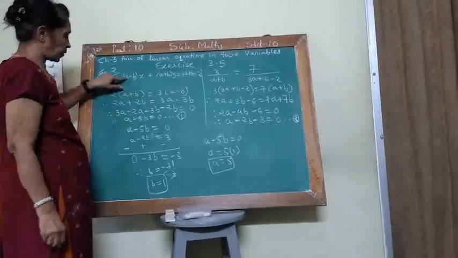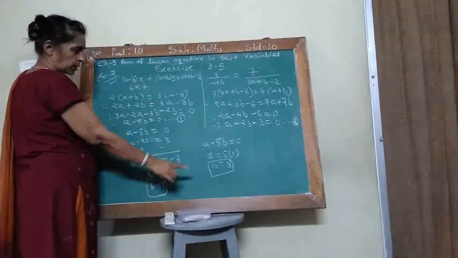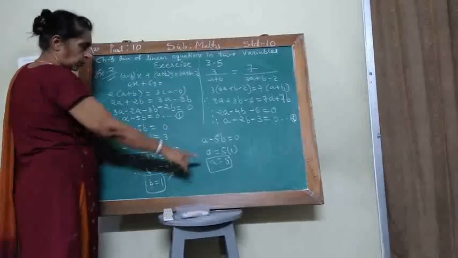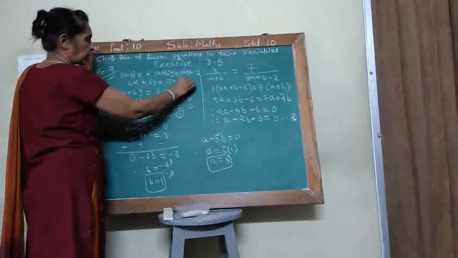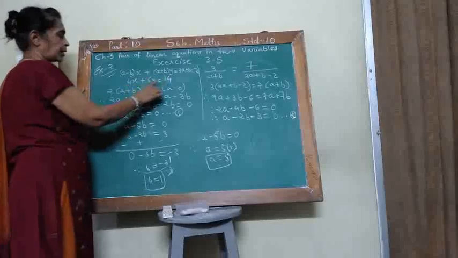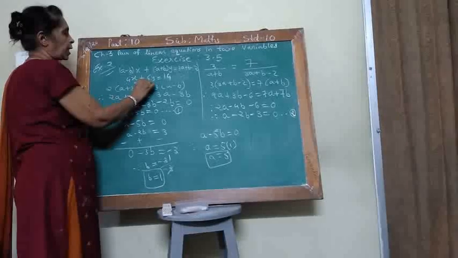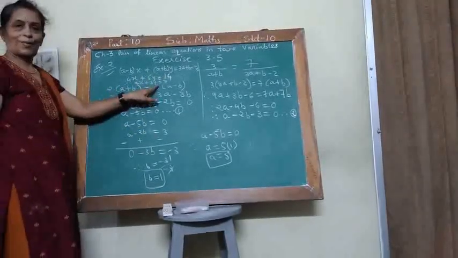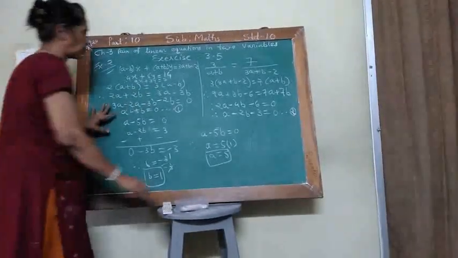So a is 5 and b is 1, so 5 minus 1, 4x, plus 5 plus 1, 6y is equal to 5 3 is 15 plus 1 minus 2, 16 minus 2, 14. Okay, so this is your second equation they have said, and if you divide this by 2, then you get 2x plus 3y equal to 7. Reduce that.